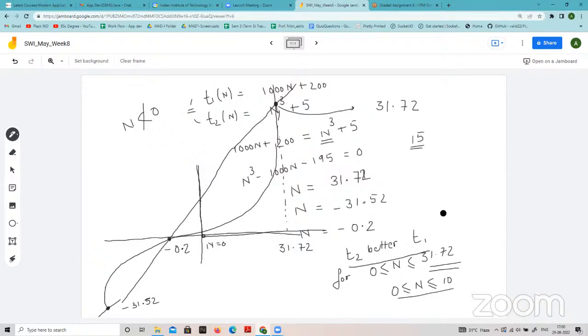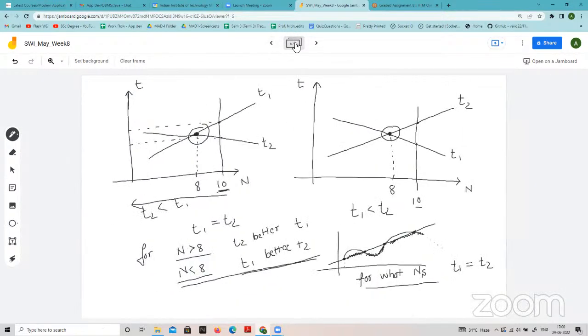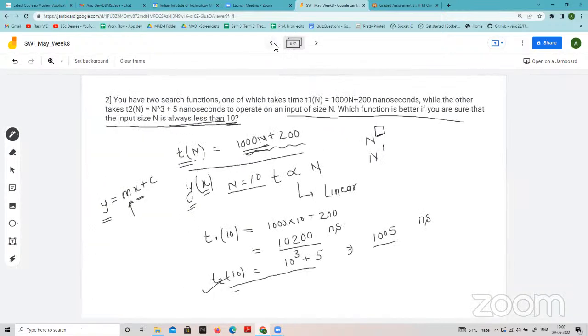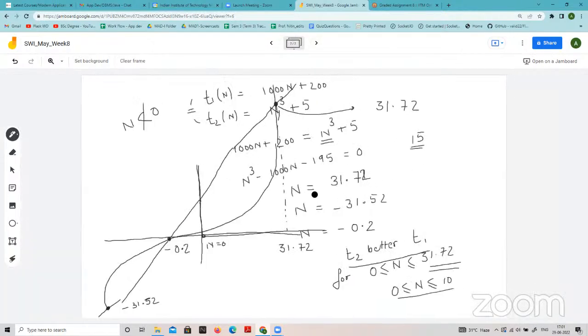Even if this question had been, which function is better if you're sure that the input size is always less than 30, in that case also the answer would have been T2, right? So I hope now this is a more analytical way of looking at this question, which gives me the exact range, and I will be in a better position to answer which one is better when. Okay, is this clear?